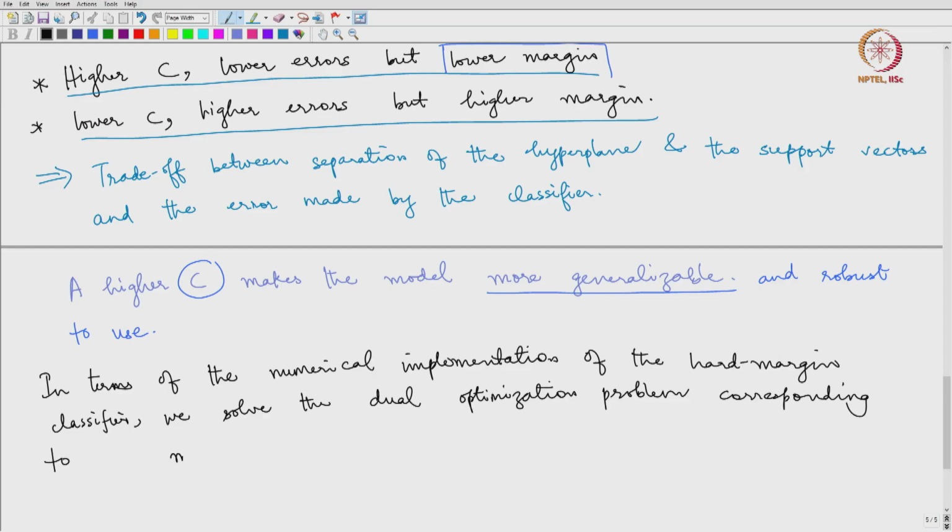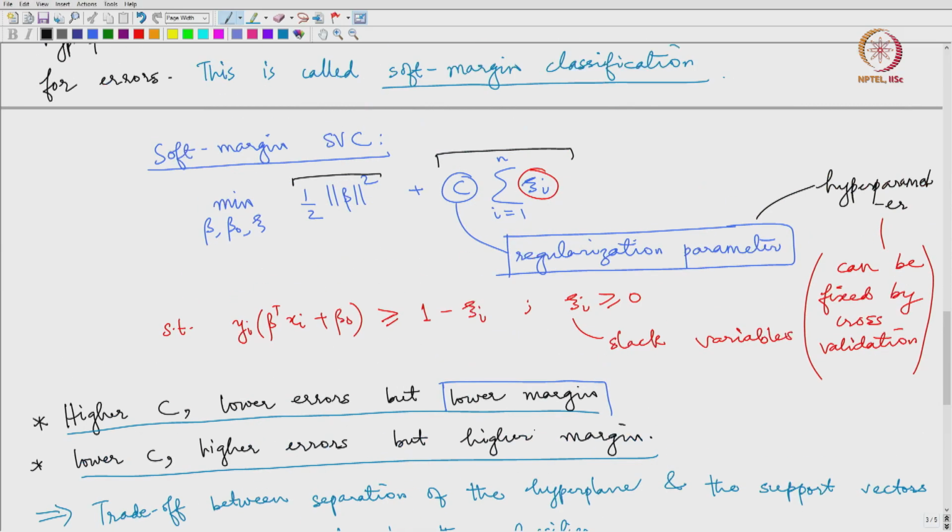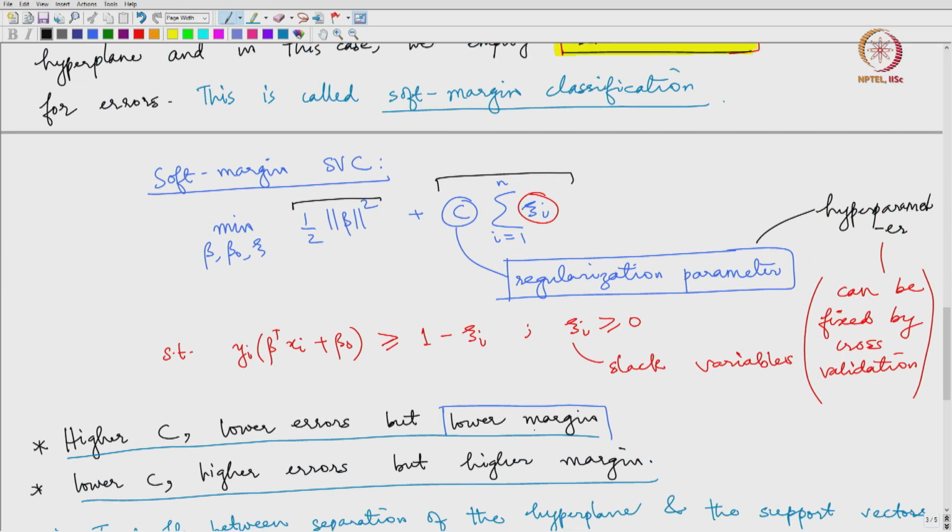So, the primal problem was basically what I had stated above, right, and we are now going to write the dual problem. Okay. So, this was the primal problem.